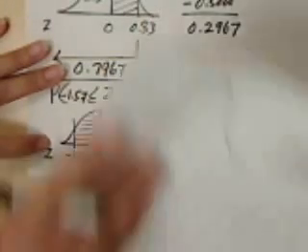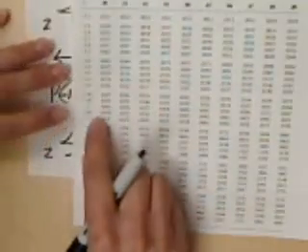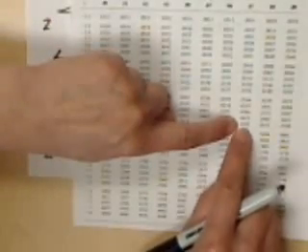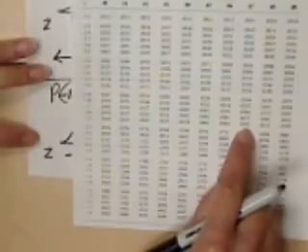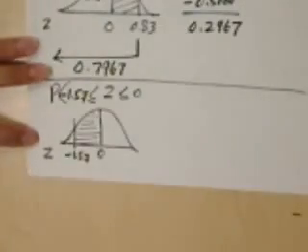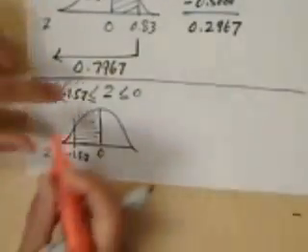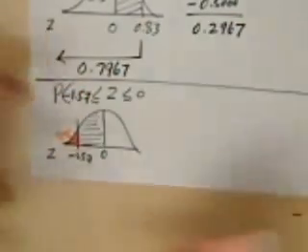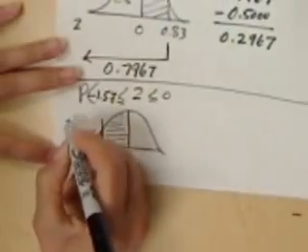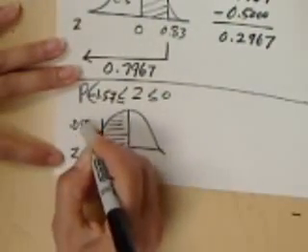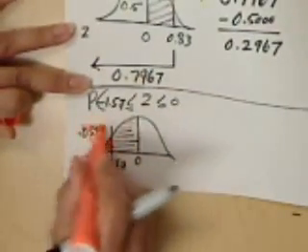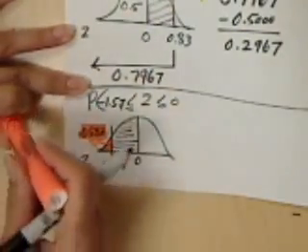Negative 1.57, which I'll come to the table and I'll find. Negative 1.5, and then across the top I find 0.07, and I find 0.0582. That would be this orange area right there.